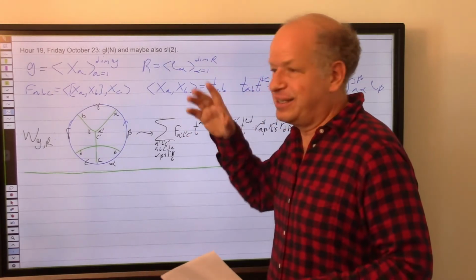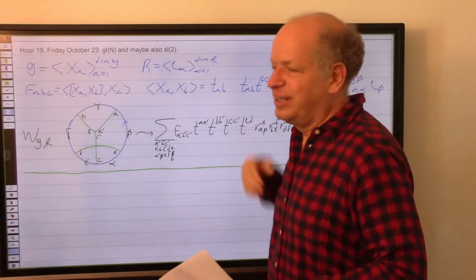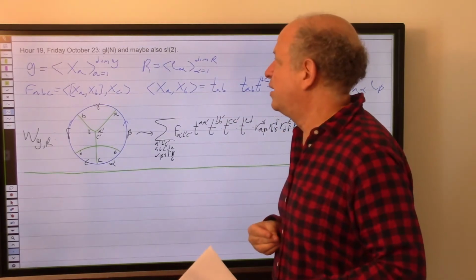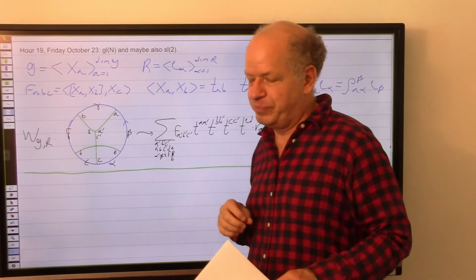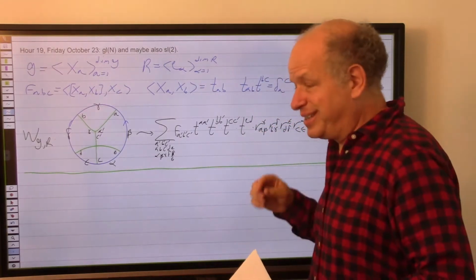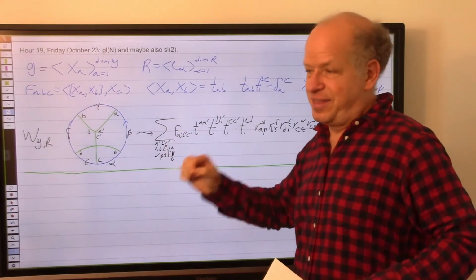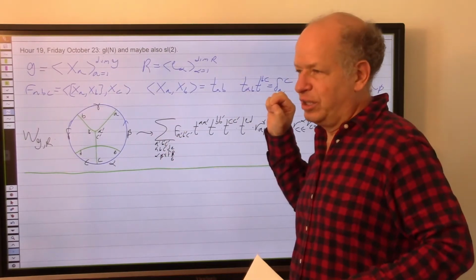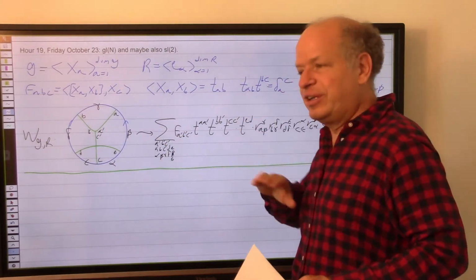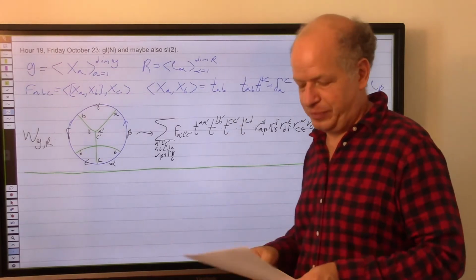The other one is epsilon symbols. Anyway, this is the SL2 weight system. And there is something really funny that happens when you combine the two. So I really hope we'll get there, though it has nothing to do with knot theory.